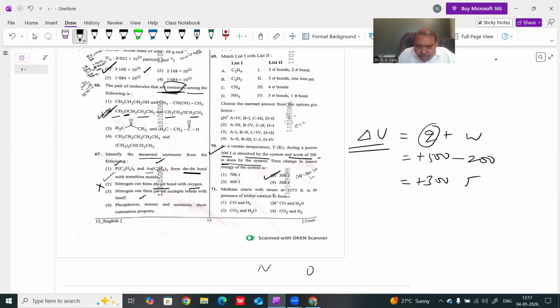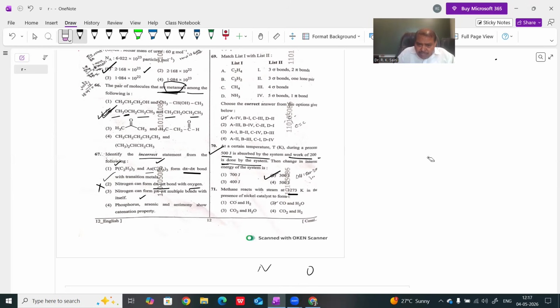Methane reacts with steam at nearly 1000 degrees centigrade temperature. This reaction is given in your NCERT book.